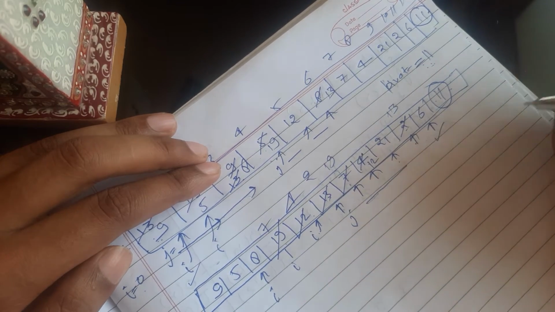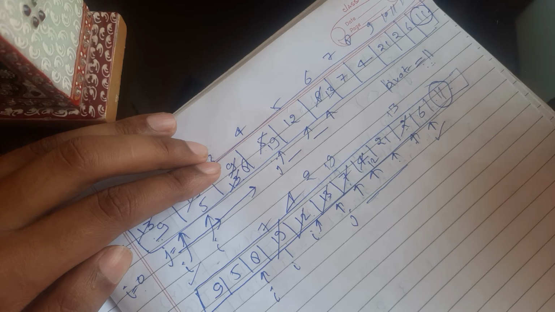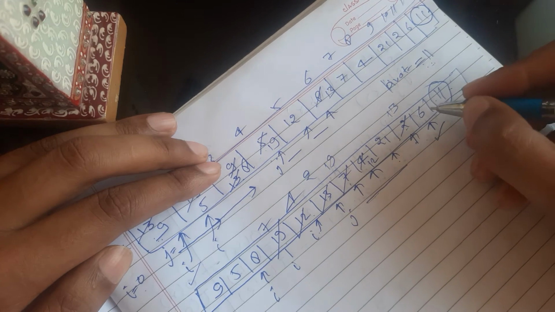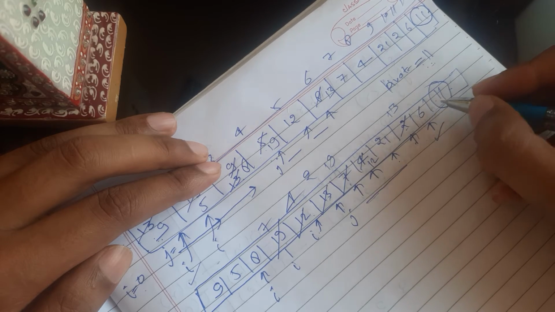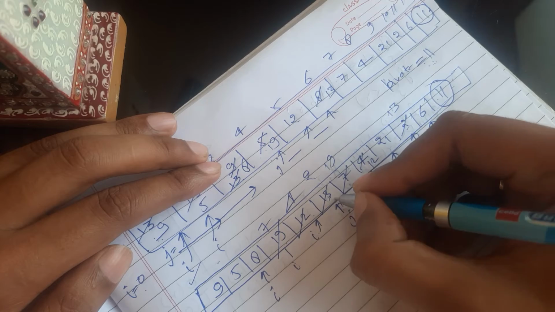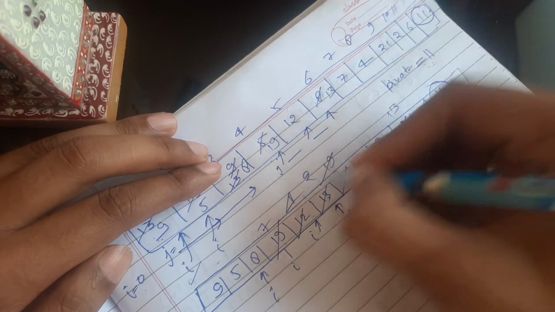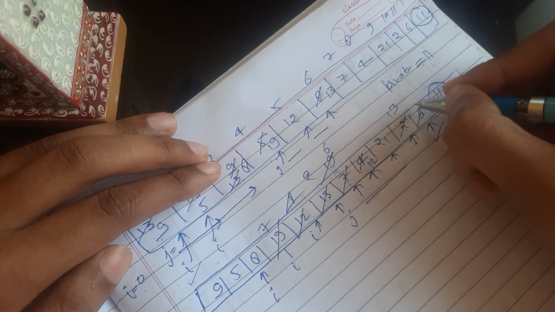A of J is reaching its maximum limit, r minus 1 index. Okay, so A of J is less than pivot. Then we increment I and exchange A of I with A of J, exchanging 6 with 19.